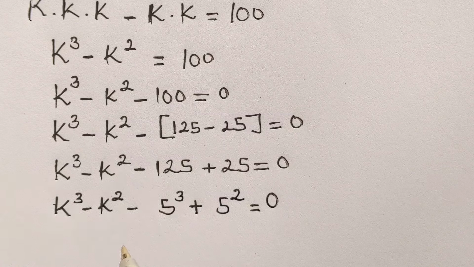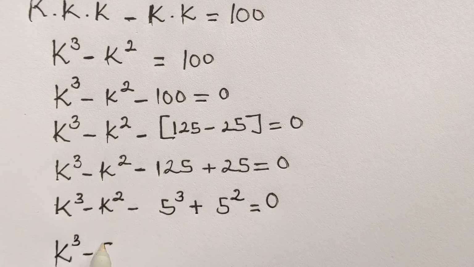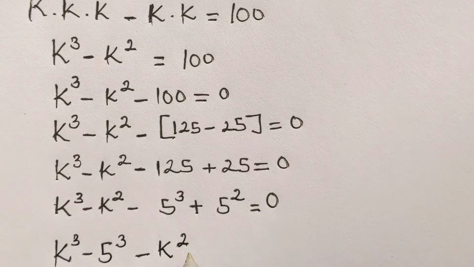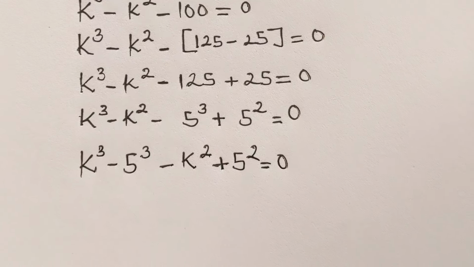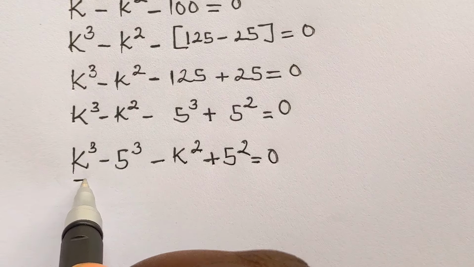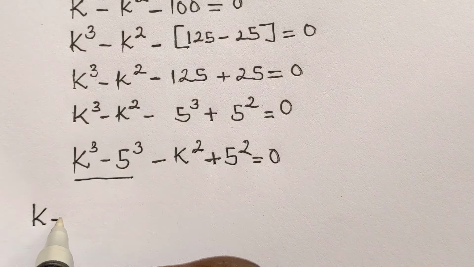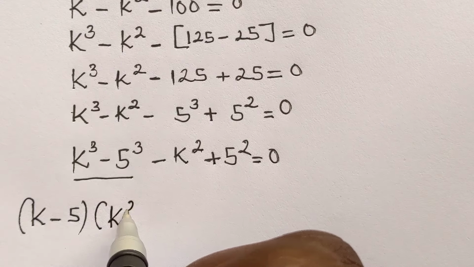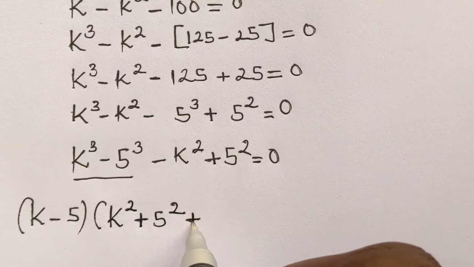We can group like terms to get k to the power 3 minus 5 to the power 3, then minus k squared plus 5 squared equal to 0. Then for this one only, this is equal to k minus 5, then times k squared plus 5 squared, then plus 5k.